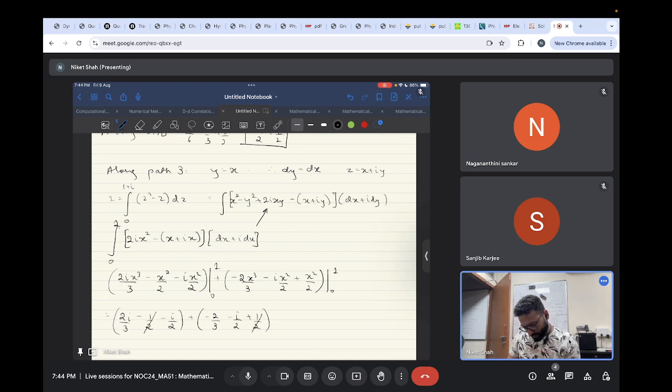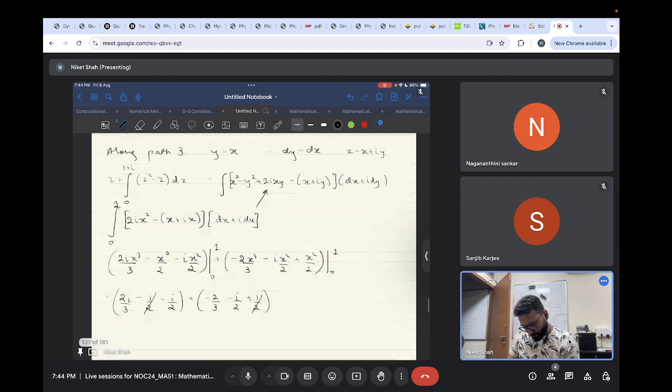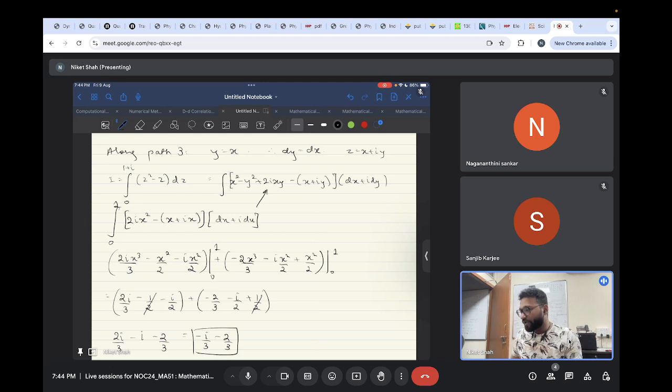This gets cancelled off. I hope I have not made any mistakes here. 2i by 3 minus i by 2 minus i by 2. So it's basically 2i by 3 minus i minus 2 by 3. That's equal to minus i by 3 minus 2 by 3. This is what I eventually end up getting.